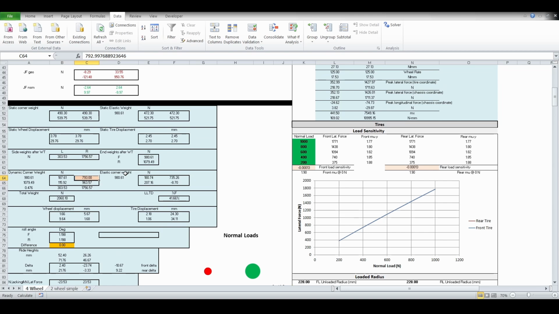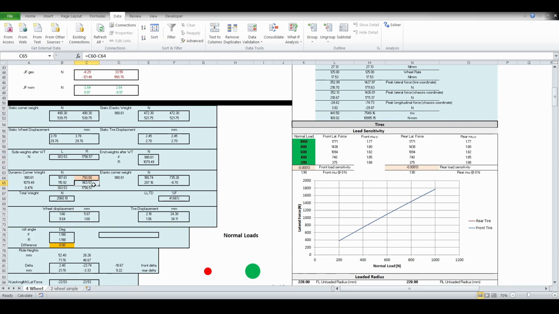So we know the front and rear overall weight is going to be the same, and we know what the left and right side weights are going to be after the weight transfer. So these two need to add up to be the left weight, and again these two need to add up to be the right.